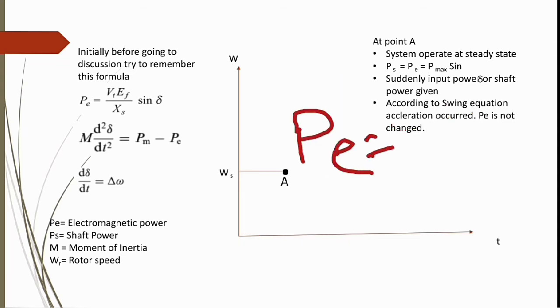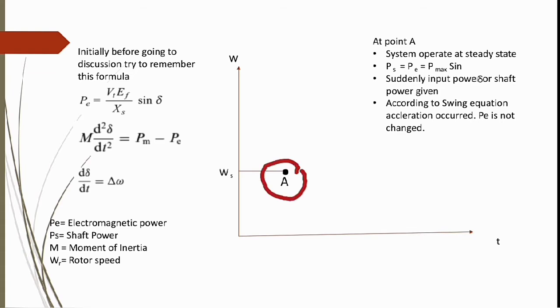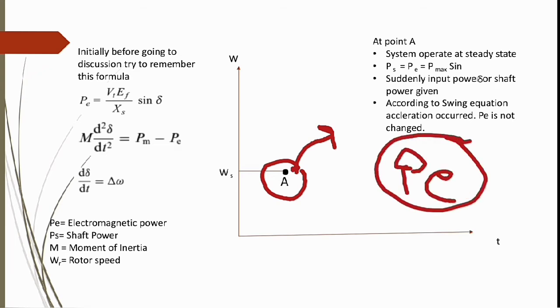Initially the value of Pe is 0, and it increases because delta increases. How delta increases, we already discussed. According to the swing equation, Pe is not changed initially at point A, but we will talk about point A to B. From A to B, Pe increases, but at the instant, the load is not changed.